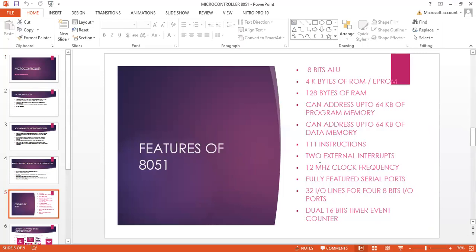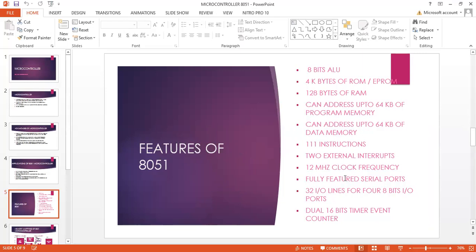Then 111 instructions. It can address up to 64 kilobyte of program memory. It can address up to 64 kilobyte of data memory. It has 2 external interrupts, 12 megahertz clock frequency, fully featured serial port.